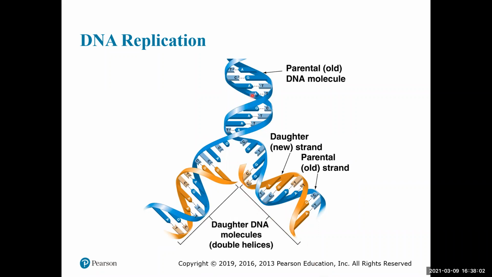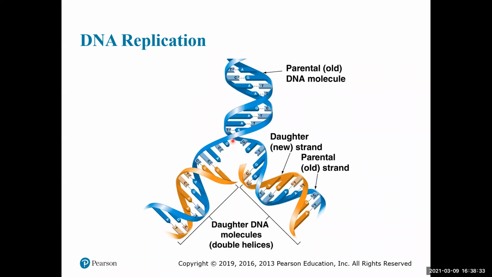So for example, if you have a parent DNA molecule, that molecule will be separated. The body does this using enzymes called DNA helicases, I believe, which unwind that DNA molecule. It goes in and separates those hydrogen bonds.